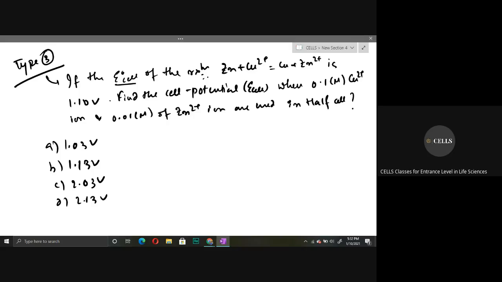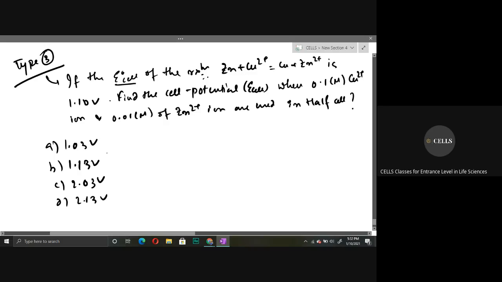Others? Perfect. So B will be the correct answer. Why? See this very carefully. Here in this equation, Cu2+ to Cu is the reduction, which means this is the cathode. And Zn to Zn2+ is the oxidation, that is the anode.